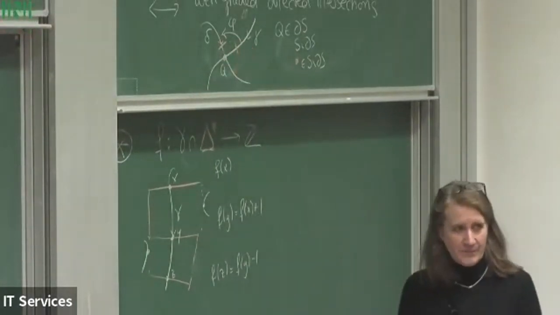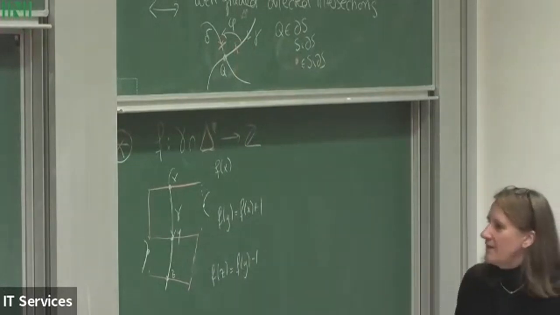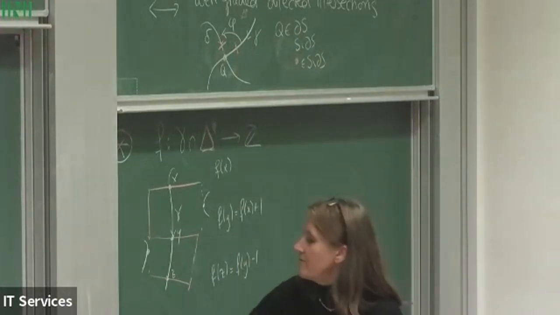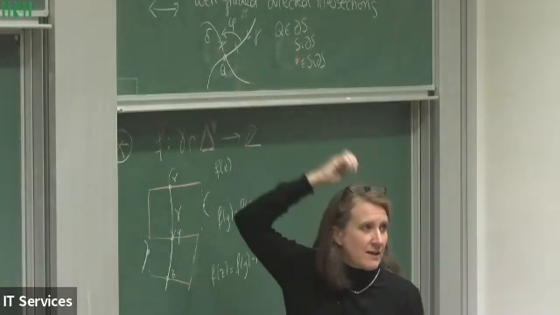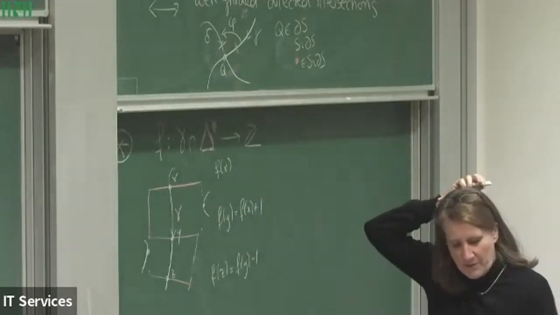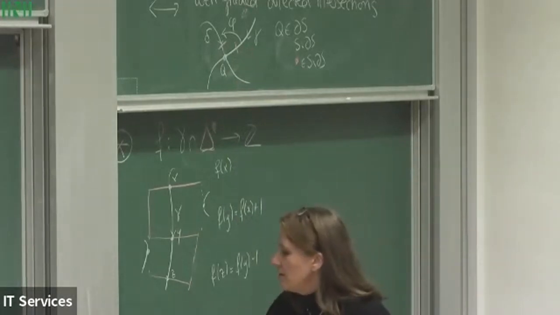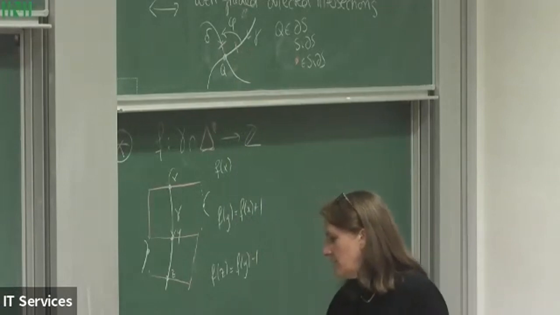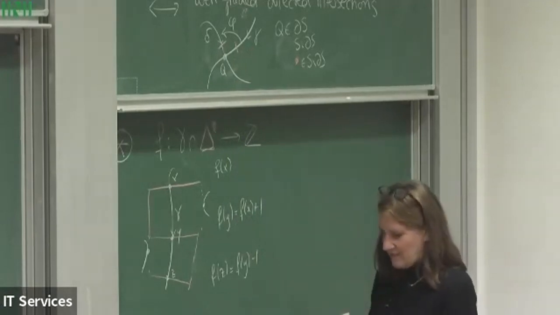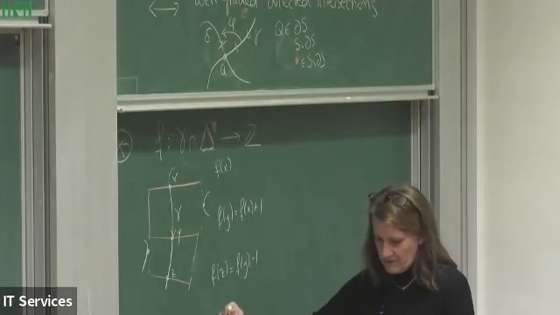Okay, so finally, when we have a crossing of curves, we can resolve that crossing, and that also corresponds to an algebraic operation, namely to something else that is important in a triangulated category, and that's mapping cones.